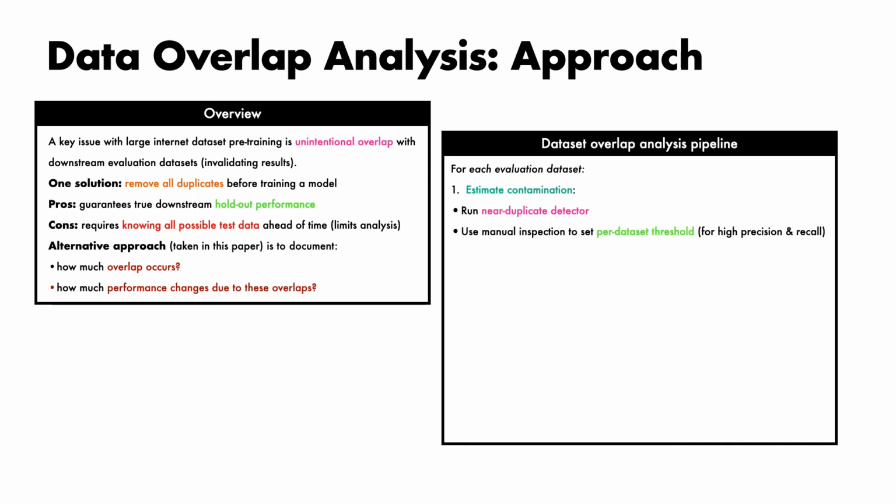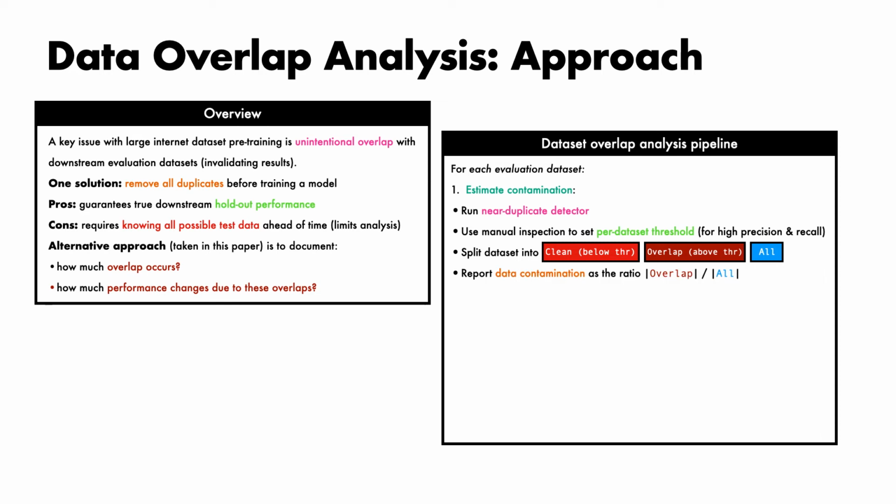Then, manual inspection is used to set a threshold for this evaluation dataset that achieves high precision and recall on near duplicates in the training set. The evaluation set is then split into two subsets: clean images that fall below this threshold and overlapping images which lie above the threshold. And finally, we use the name All to denote the set of all images. We then report the data contamination for the dataset as the ratio of the number of images in the overlap subset to those in the All partition.